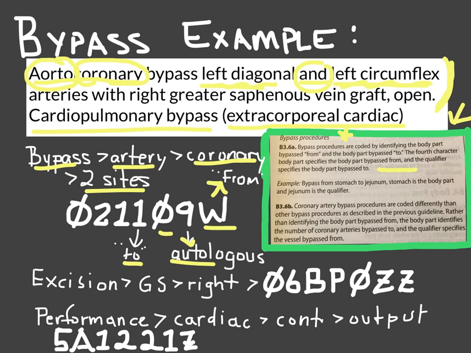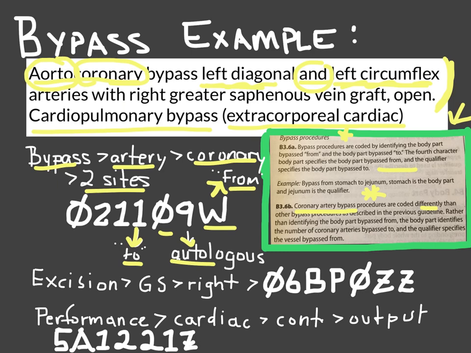So normally, bypass procedures are coded by identifying the body part bypassed from and the body part bypassed to. The fourth character body part specifies the body part bypassed from, but here we did to. And the qualifier specifies the body part bypassed to, but here we did from. Why? Well, they have a special guideline for coronary artery bypass procedures. These are coded differently than other bypass procedures described in the previous guideline.